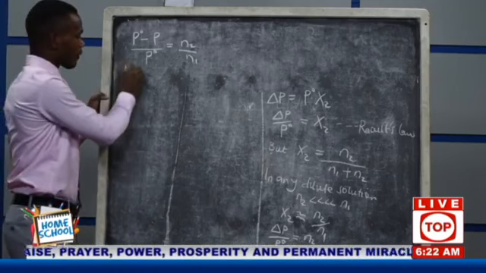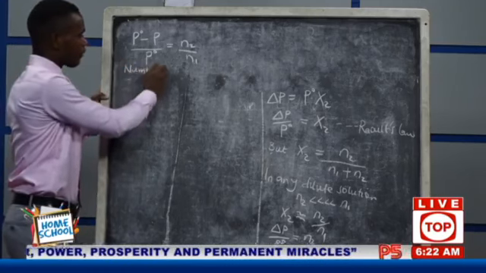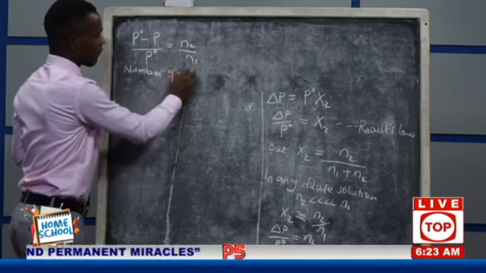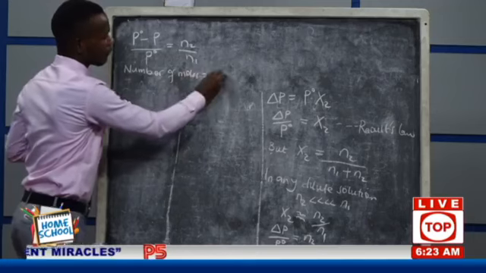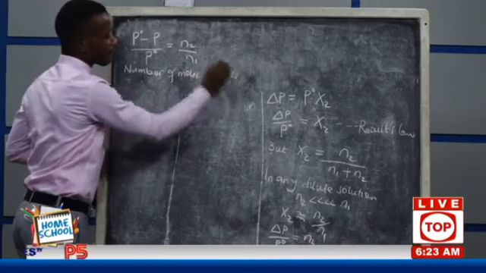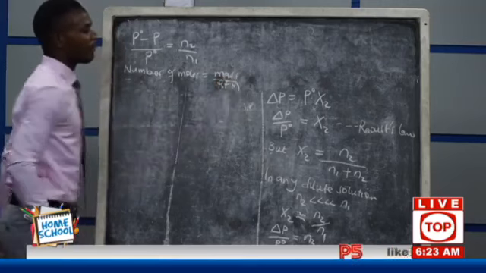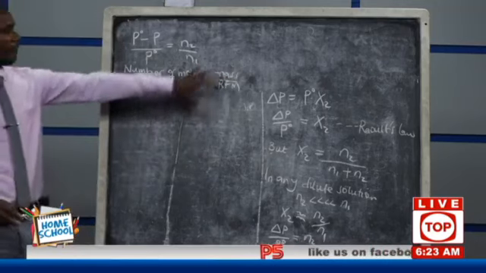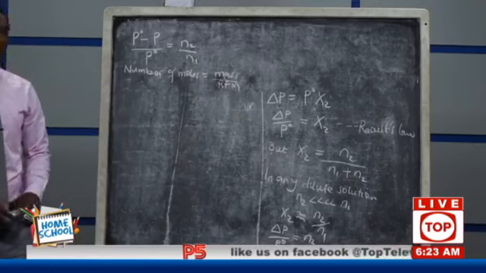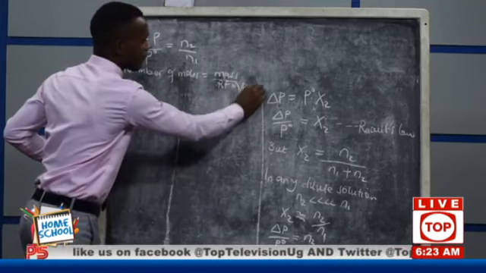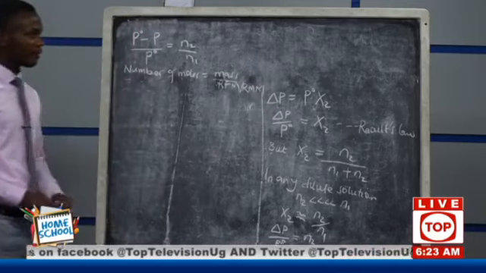According to your O-level chemistry, number of moles equals mass over relative formula mass, or mass over relative molecular mass, okay?